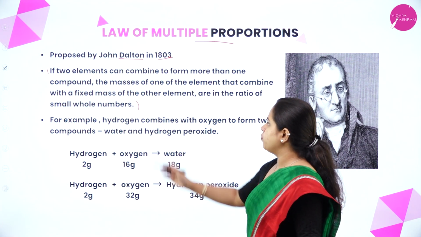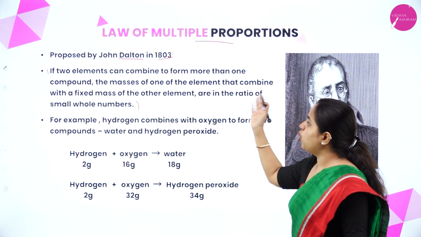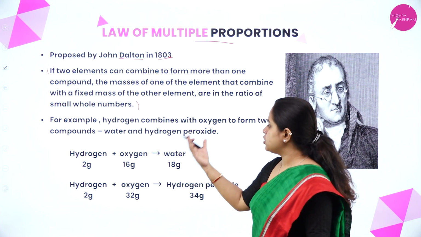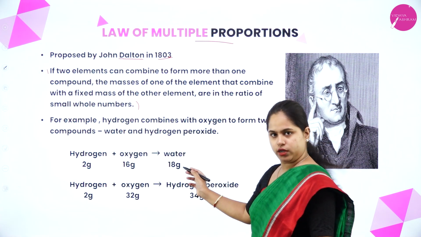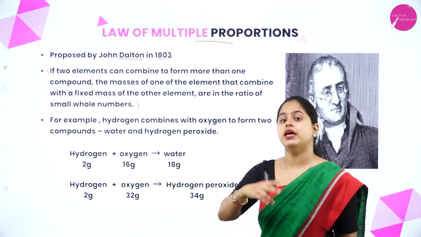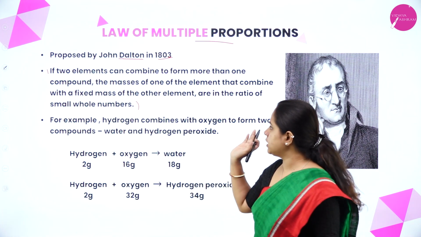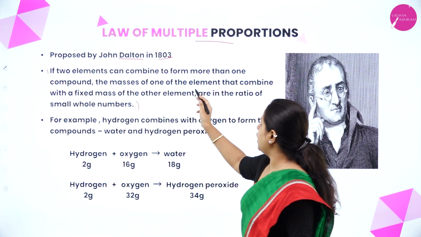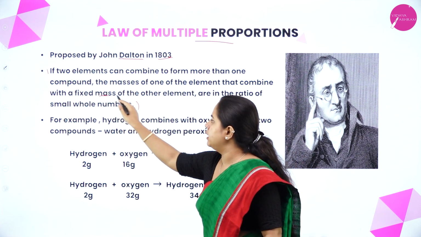So, what does the first part say? If two elements can combine to form more than one compound. In this example, you can see hydrogen combines with oxygen to form water. In the same way, hydrogen combines with oxygen to form another compound, which is hydrogen peroxide. So, that is clear. Now, the masses of one of the elements that combines with the fixed mass of another element.